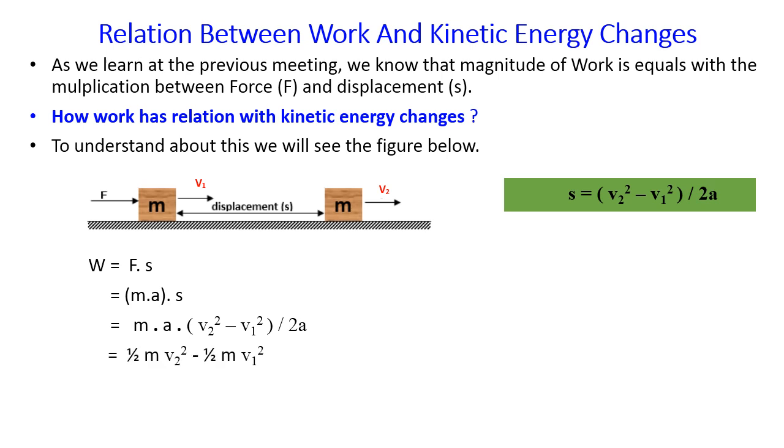So work equals half times mass times v2 squared minus half times mass times v1 squared. So work equals kinetic energy 2 minus kinetic energy 1. So we can say that the magnitude of work equals delta kinetic energy.